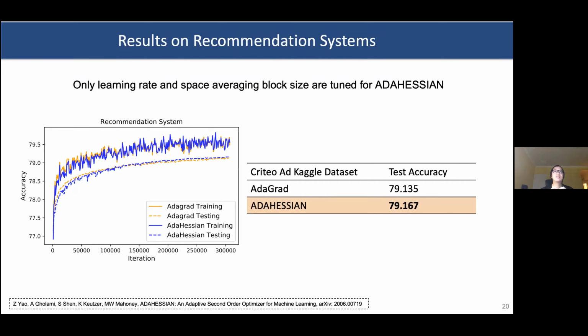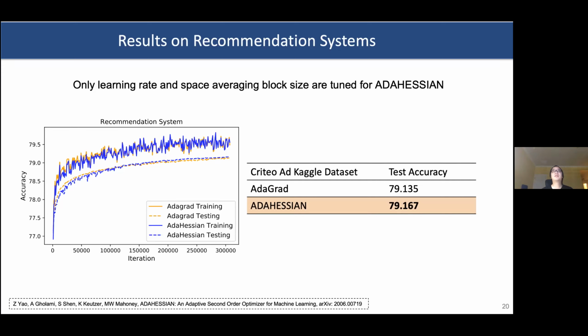On the left-hand side, we plot the training and the testing curve. Although the training curves are almost identical, in the testing curve you can see the difference. After roughly 200K iterations, you can clearly see the performance of AdaHessian is above AdaGrad.